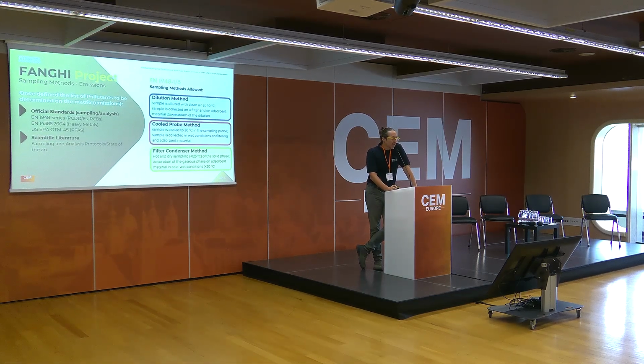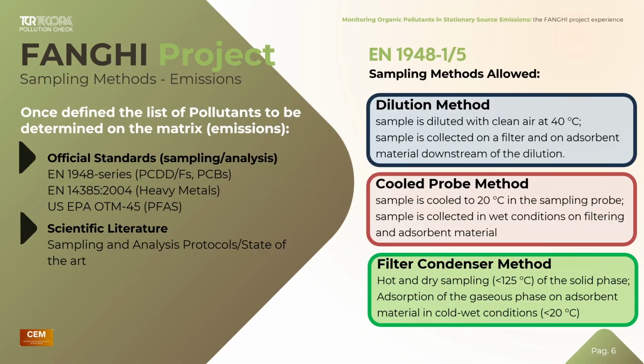Okay, so once the list of pollutants to be determined on the matrix was defined, of course we focused on emission. The starting point is official standards. Since we are talking about organic pollutants, the EN 1948 standards are the starting point.